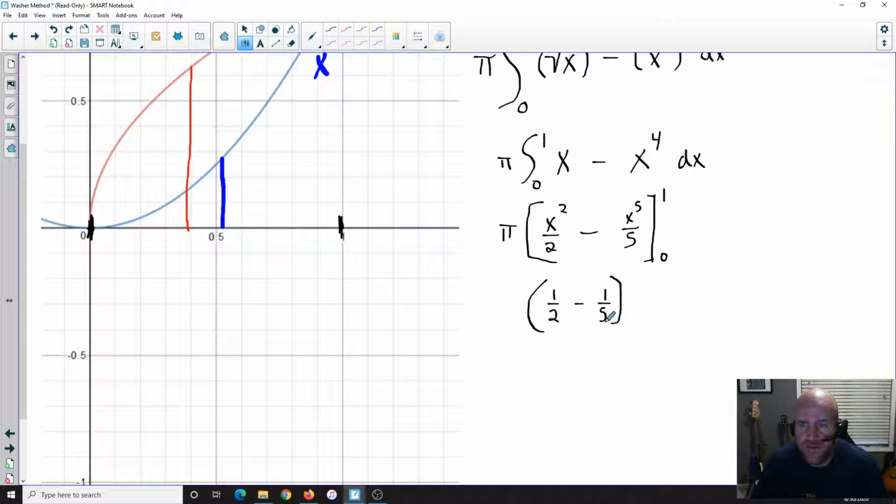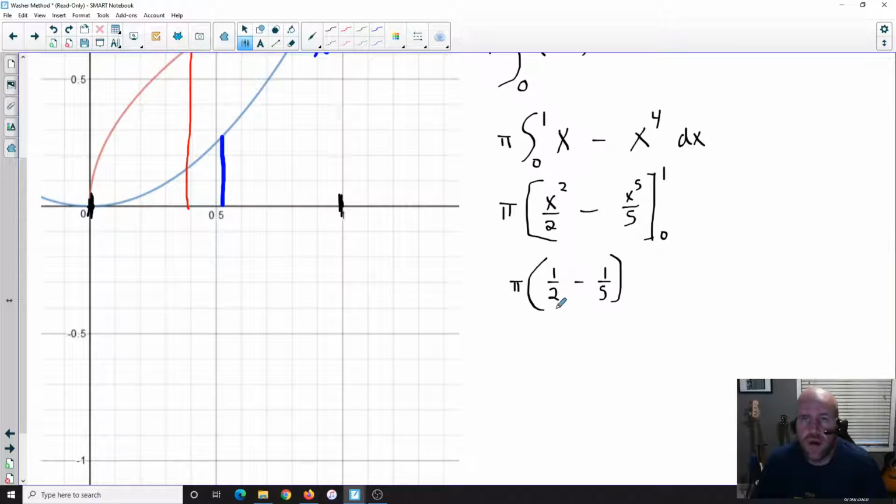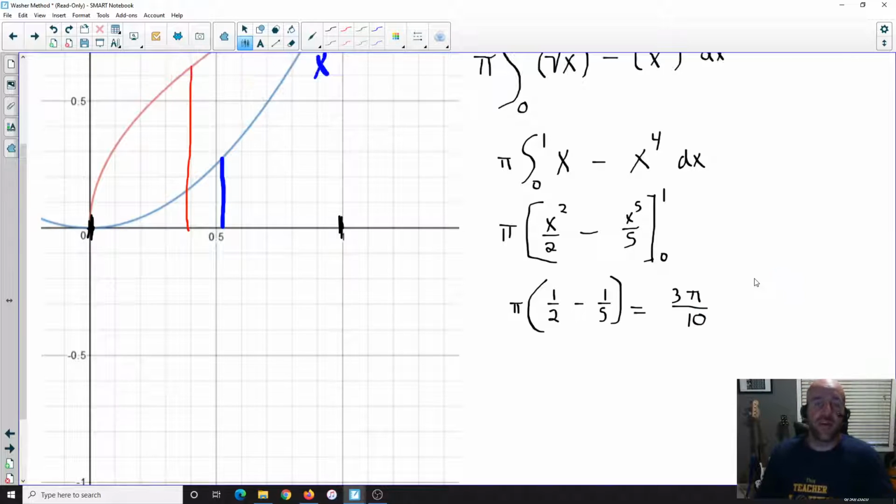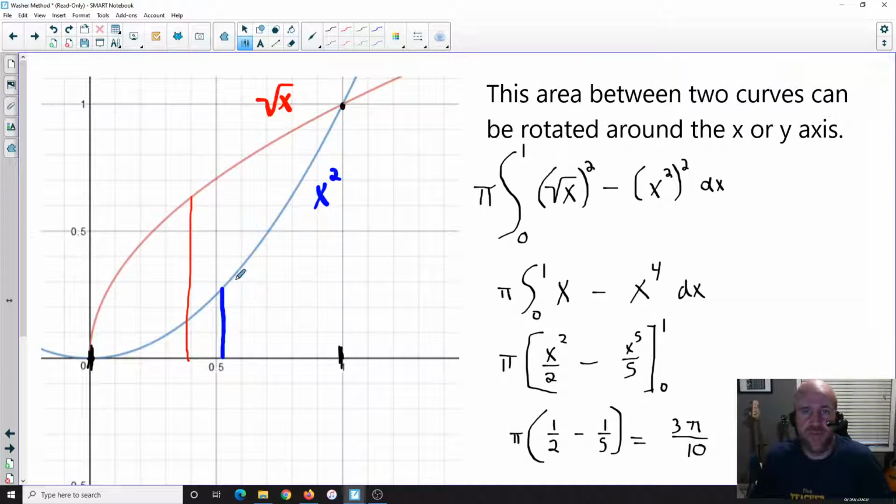So we'll have this times pi. So 1/2 minus 1/5, that would be 5/10 minus 2/10, which is 3/10 times pi, so 3 pi over 10. So that's the volume of the solid of these two functions rotated around the axis. Okay?